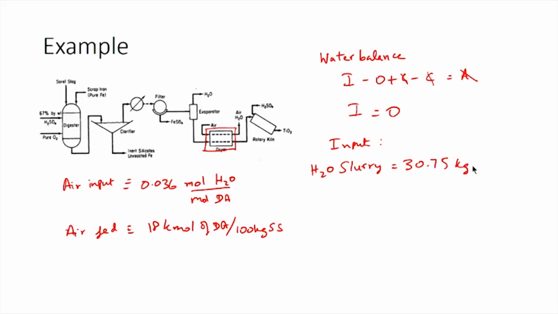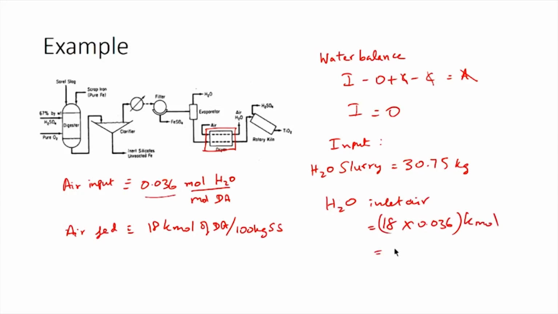So, we know that there is 0.036 moles of water per mole of dry air, and we have also been told that 18 kilomoles of dry air is fed for 100 kilograms of swirl slag. As we have 100 kilograms of swirl slag as the basis, 18 kilomoles of dry air has been fed. Water in the inlet air would be equal to 18 times 0.036 kilomoles.